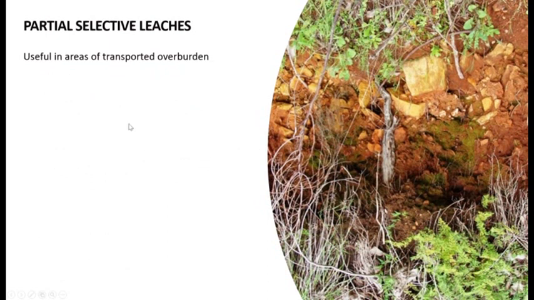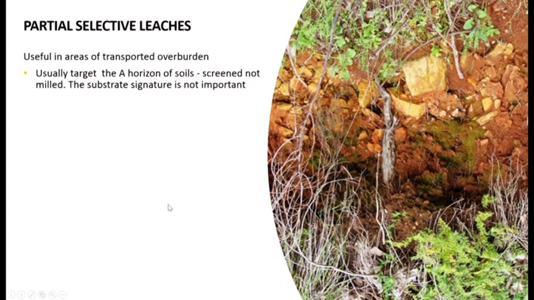Partial selective digest, I'm going to go over this very quickly. Normally you target the A horizon in soils. What are we doing with them? We are looking for buried mineralization. Ions move through the substrate.